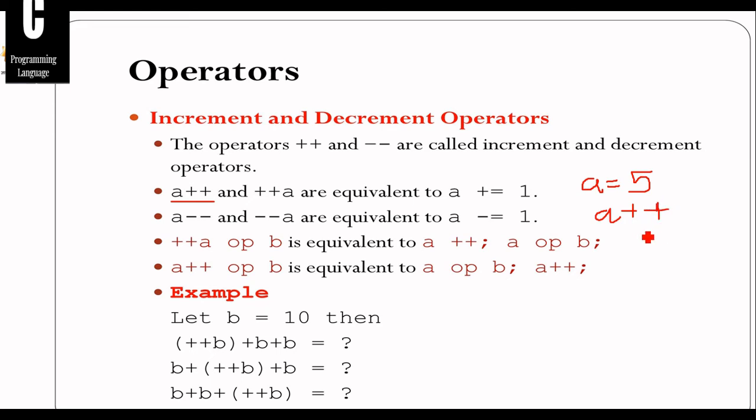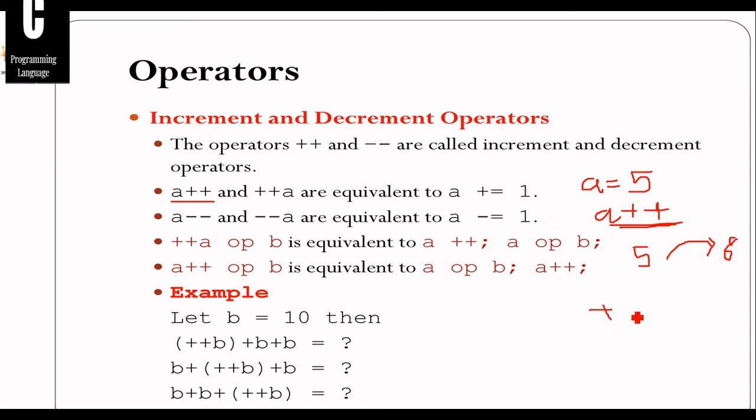Plus plus means it will increment the value by 1. But when you are using the post increment, at that time it will print this 5 as it is, and in memory it will increment the value and it will be 6.